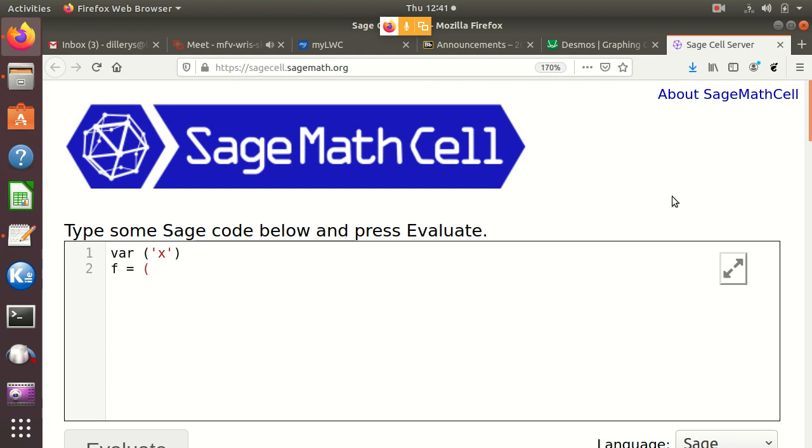And you need to be a little more worried about the typesetting and that kind of thing. So I will put parentheses around it. I have x to the 4th plus 1, and then all divided by x squared. So I've defined that.